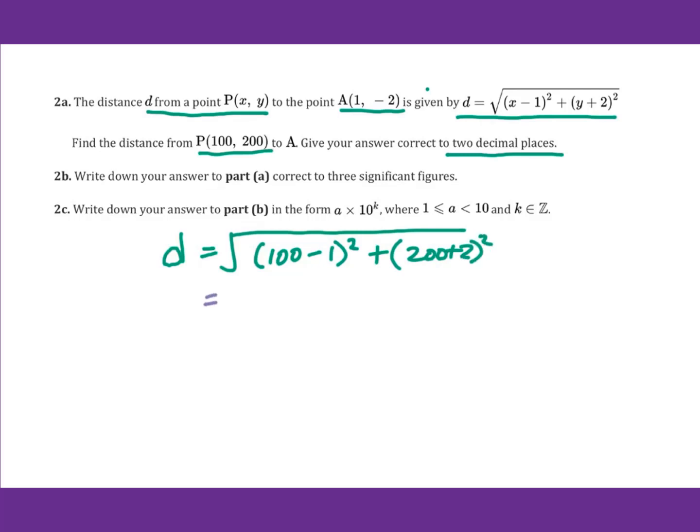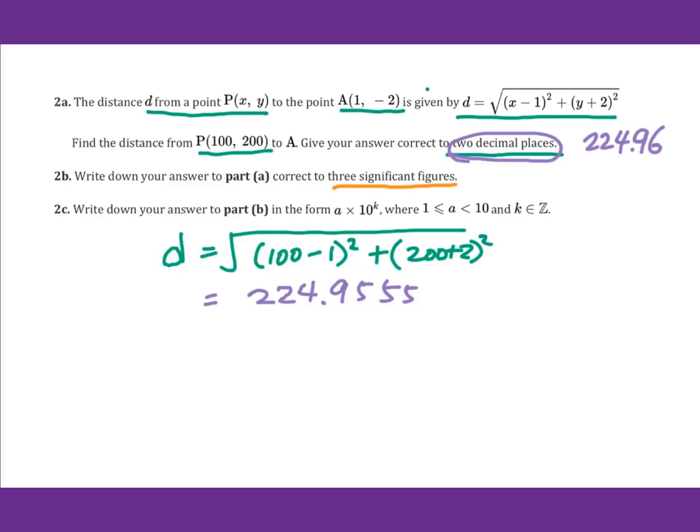After you put it into the calculator, you will get 224.9555 something. But we need 2 decimal places, which means 224.96.